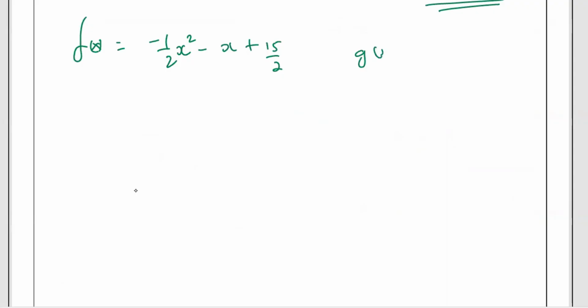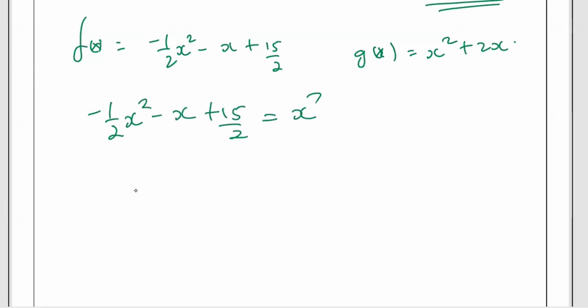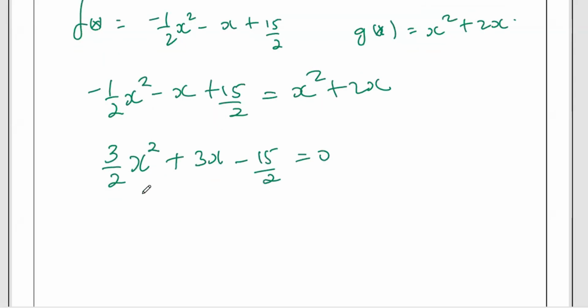Then our g of x is x² plus 2x. I'm going to solve these simultaneously by equating them to each other. So 15 over 2 minus x² minus x over 2 must equal x² plus 2x. Moving this to that side, 1 plus a half gives us 3 over 2 x², then 3x, and 15 over 2 is equal to 0.